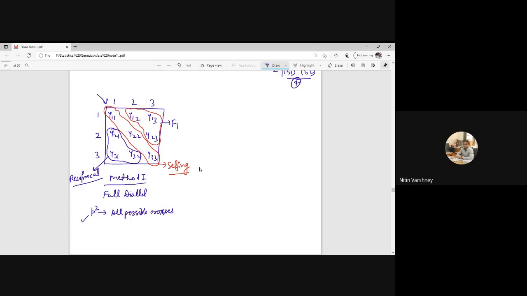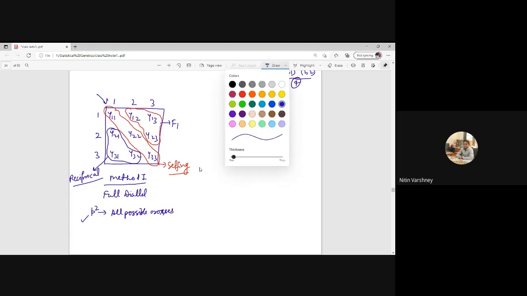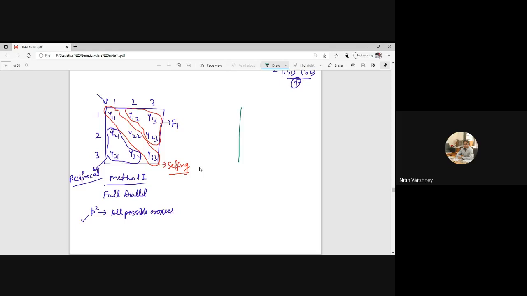Okay, now second, method 2. This method is F1 and selfing. So what is F1?